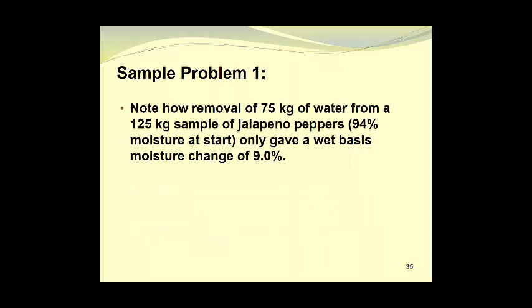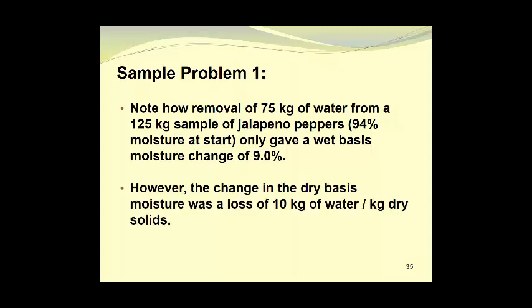Restating this, note how the removal of 75 kilograms of water from 125 kilograms of jalapeno peppers with an initial moisture content of 94% only gave a wet basis moisture change of 9.0%.